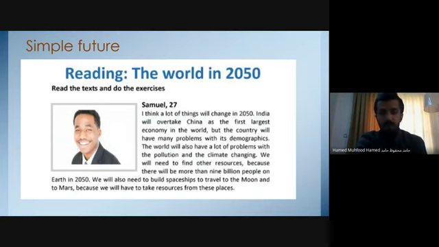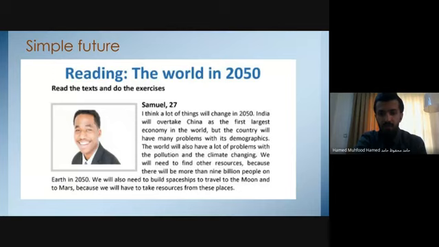We will first study and read the first text presented by Samuel, who is 27 years old. He says, I think a lot of things will change in 2050. India will overtake China as economy in the world, but the country will have many problems with its demographics.